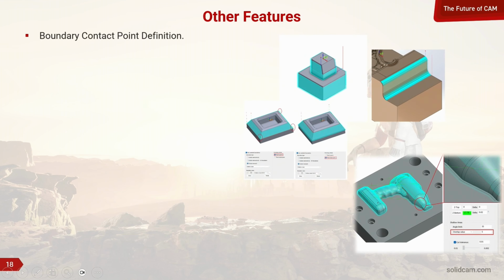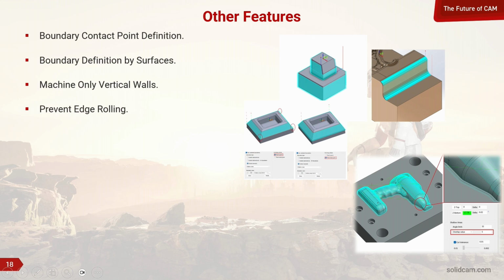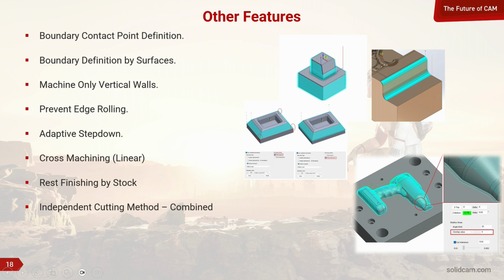Some of the other features are boundary contact point definition. You can define either tooltip or tool contact point. Boundary definition by surfaces, machining only vertical walls, preventing edge rolling, very important when you're doing a die mold function, adaptive step down, cross machining, this was there already in HSM, it's also there in Pro 3D HSM, rest finishing by stock, independent cutting method, again, you can have climb and conventional for two different operations within the same operation.